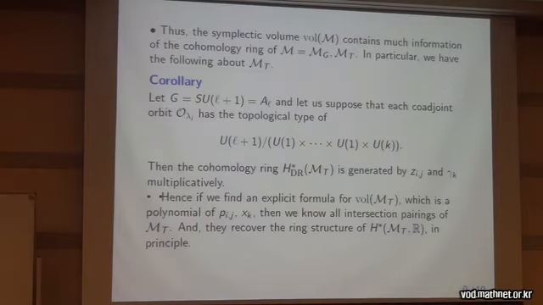can find an explicit formula for the volume of M_T, which should be a polynomial of gamma_ij, p_ij and x_k, then we can know all the intersection pairings of M_T because of the previous proposition.